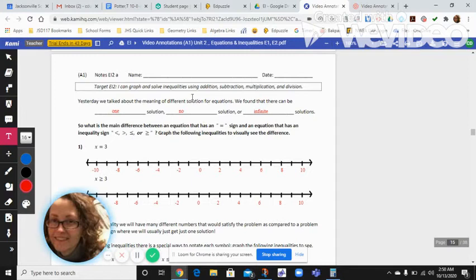We could have no solutions if nothing worked, or we could have infinite solutions if it didn't really matter what I put in there. I could put in any real number that I wanted, and it will always hold true.